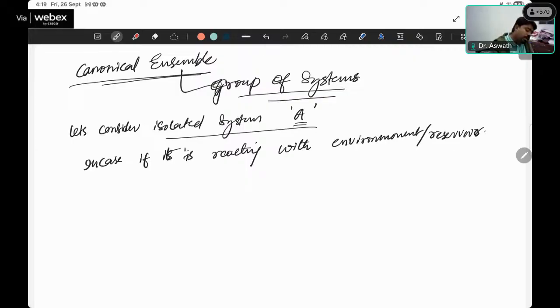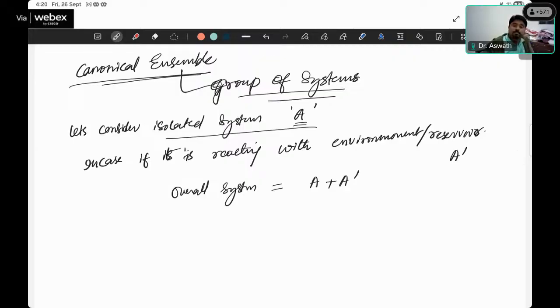Let's say the reservoir I am representing as A prime. So the reservoir is A prime. So what is the overall system? The overall system is A plus A prime. Overall system is going to be A plus A prime. Okay, so A prime is there.